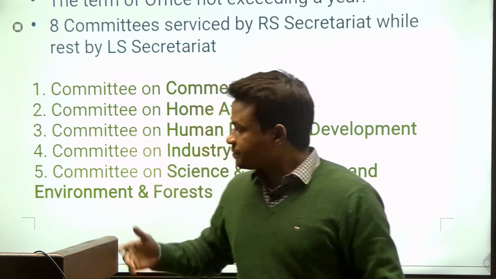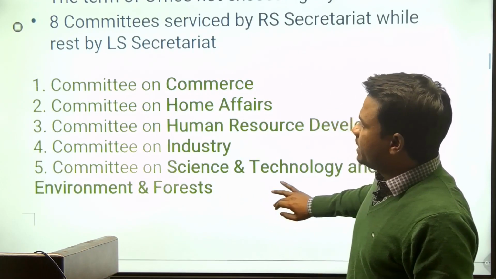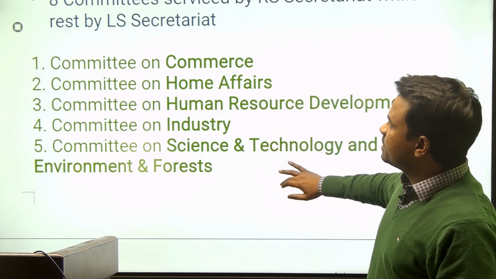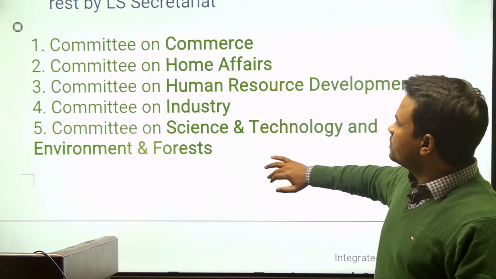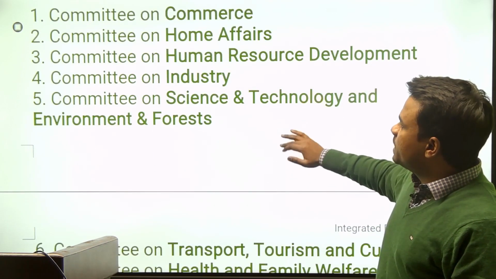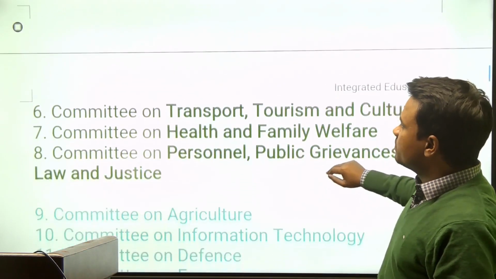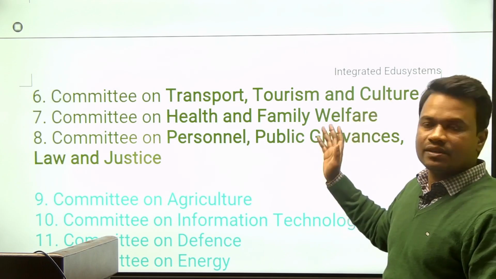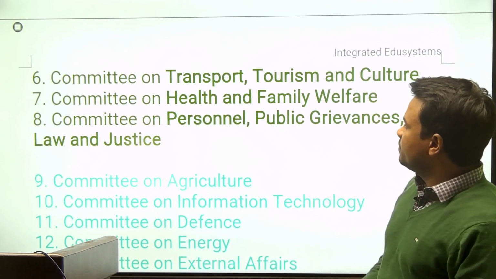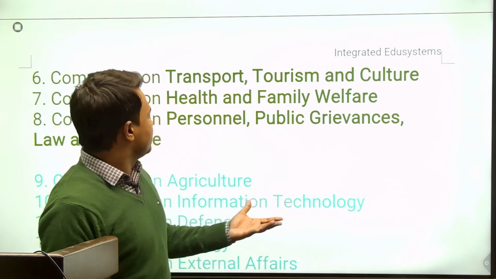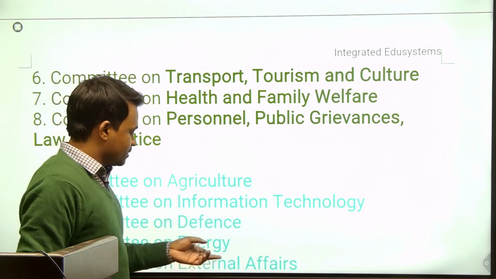Just for understanding, the 8 committees serviced by the Rajya Sabha secretariat are: Commerce, Home Affairs, Human Resource Development, Industry, Science and Technology, and Environment and Forest, Transport, Tourism and Culture, Health and Family Welfare, and the Committee on Personnel, Public Grievances, Law and Justice.